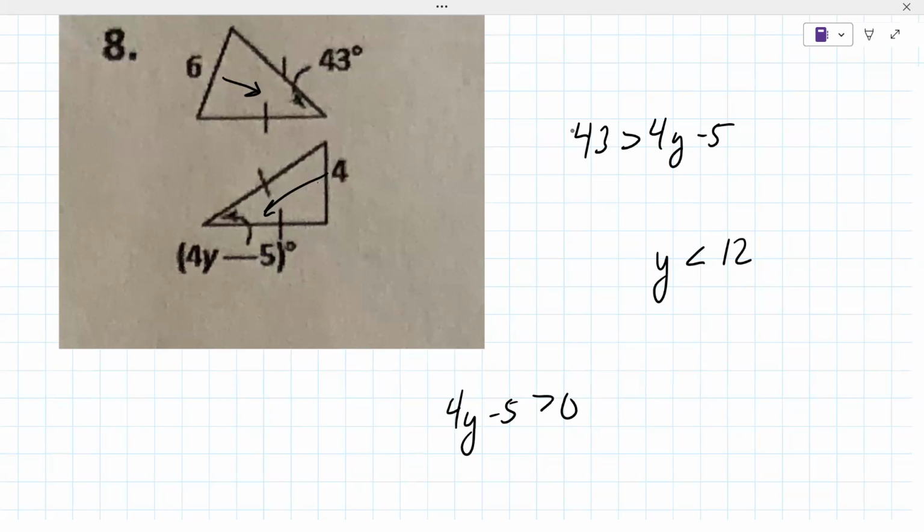It's two scenarios. You do set up the inequality, but then you also have to make sure that it's greater than 0.